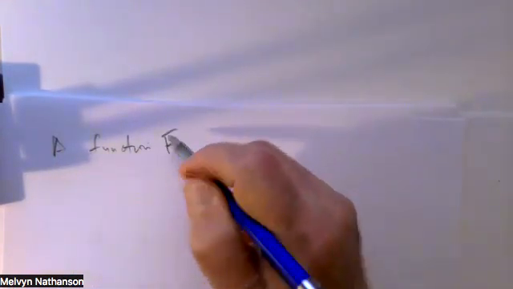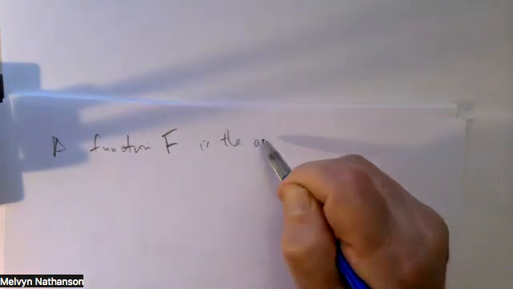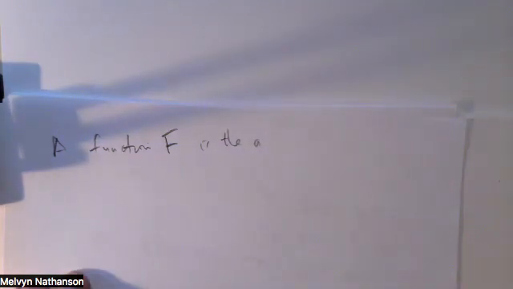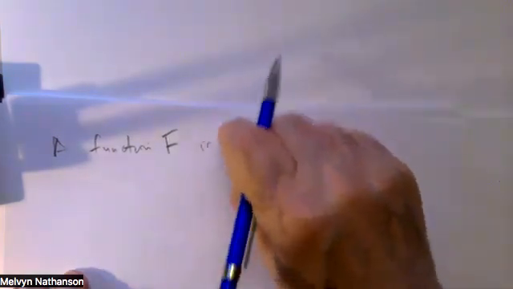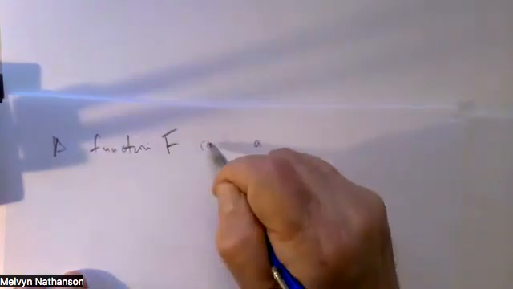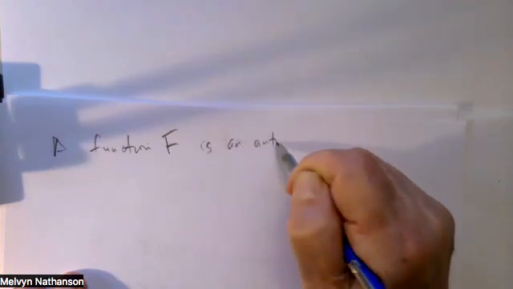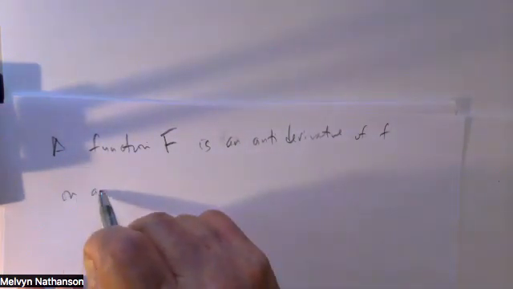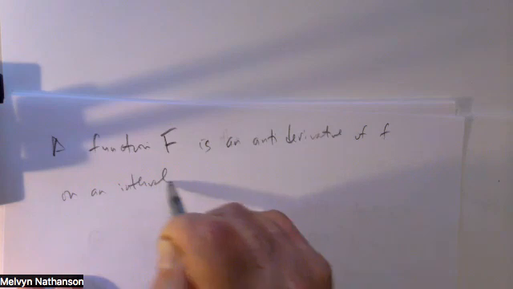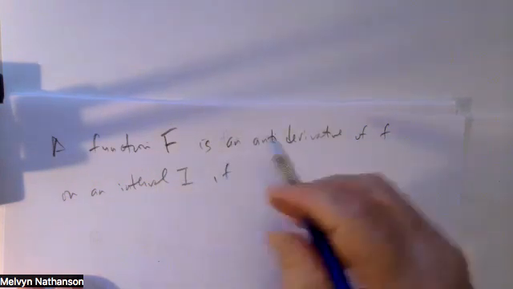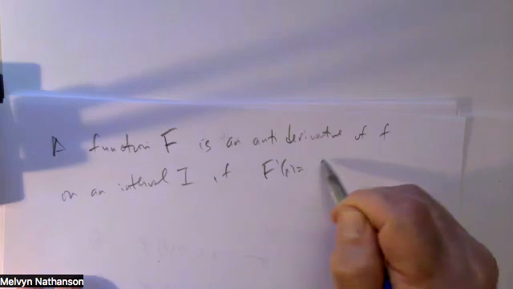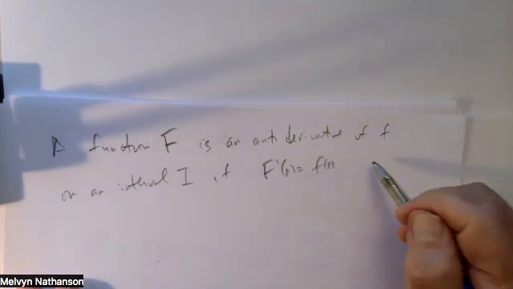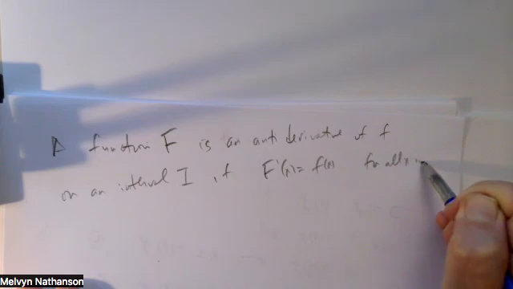A function capital F is an antiderivative of a function f on an interval I, if the derivative of capital F is equal to little f for all x in the interval I.